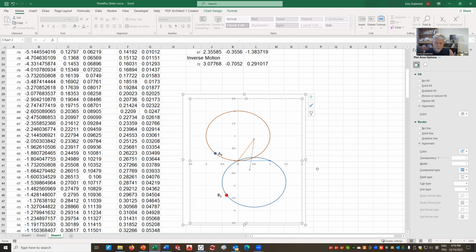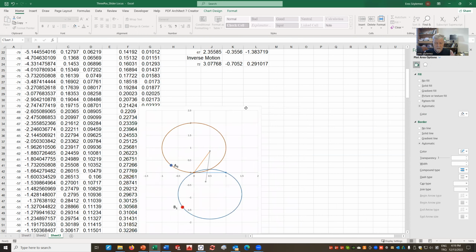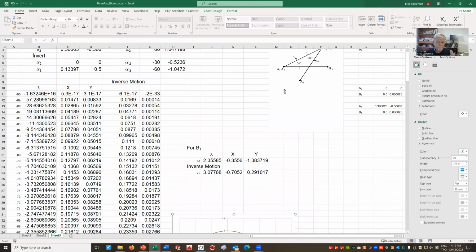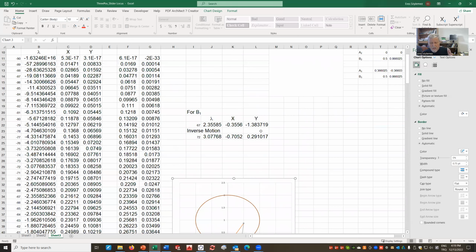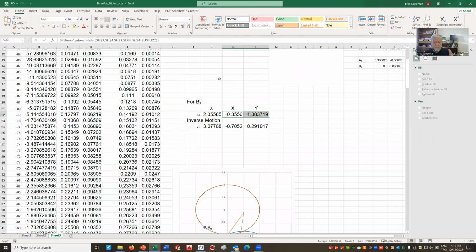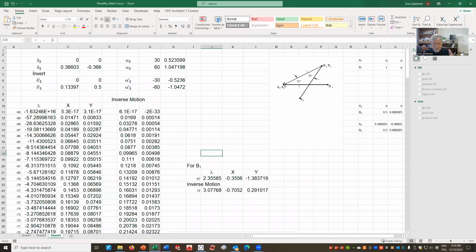The next thing I have to do is determine that line and determine the slider axis, right? Now, I can do that as follows. I know this value of A1, B1, sorry. B1 is the location with respect to C0.